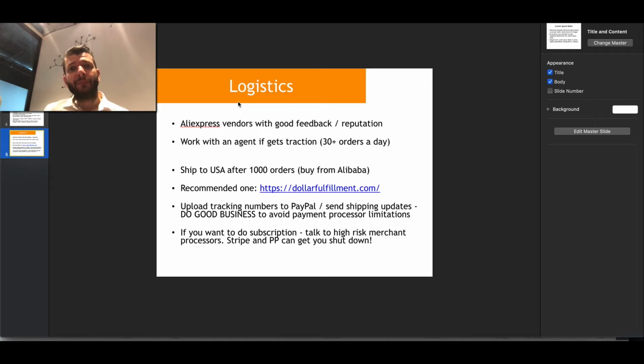Obviously that costs more, these are higher fees that these guys are charging, and for a good reason, because they allow you to have a higher chargeback ratio. They also allow you to have different things set up differently than PayPal or Stripe. But again, PayPal and Stripe shut down accounts quite a lot. So make sure that you do good business. Make sure that you do your research.